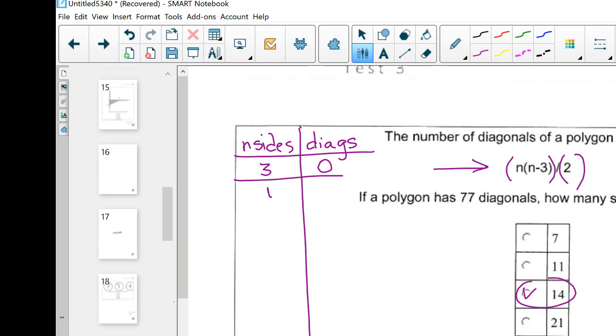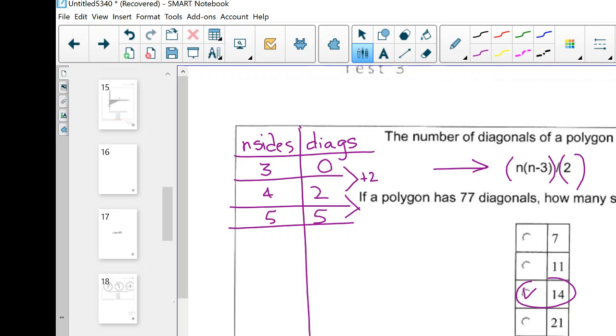If you had 4 sides, and draw a 4-sided figure, you have 2 diagonals. If you have 5 sides, 5 sides is a pentagon. Here we go, and you've got 1, 2, 3, 4, 5 different diagonals for a pentagon. If you notice, you might actually see the pattern: from the first stage to the second it went up 2.